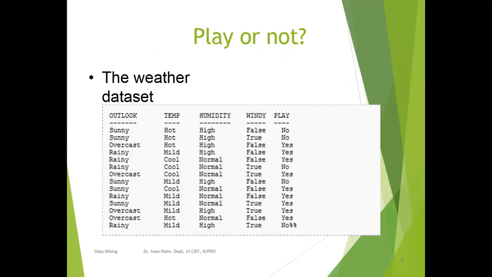There are 14 rows, and we have two class labels, yes or no. This relates to whether to play golf or not, which depends upon 4 different attributes. The class label is binary, either play or not play. We have to build the tree using these 4 attributes, and at the leaf node we'll get the class label, yes or no.